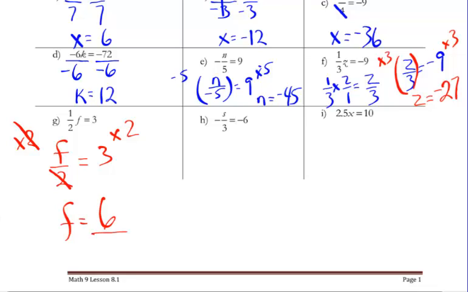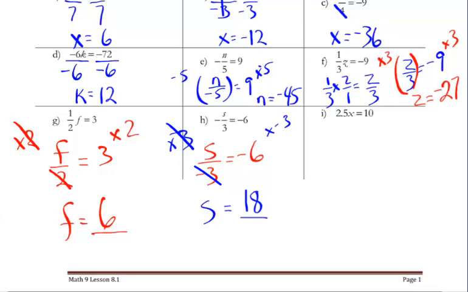Okay, and I'm going to rewrite this as s over negative 3 equals negative 6. And it's s divided by negative 3. So we're going to multiply to get rid of that. Multiply by negative 3 on both sides. The negative 3 cancels on this side, leaving me with s. And negative 6 times negative 3 is positive 18.